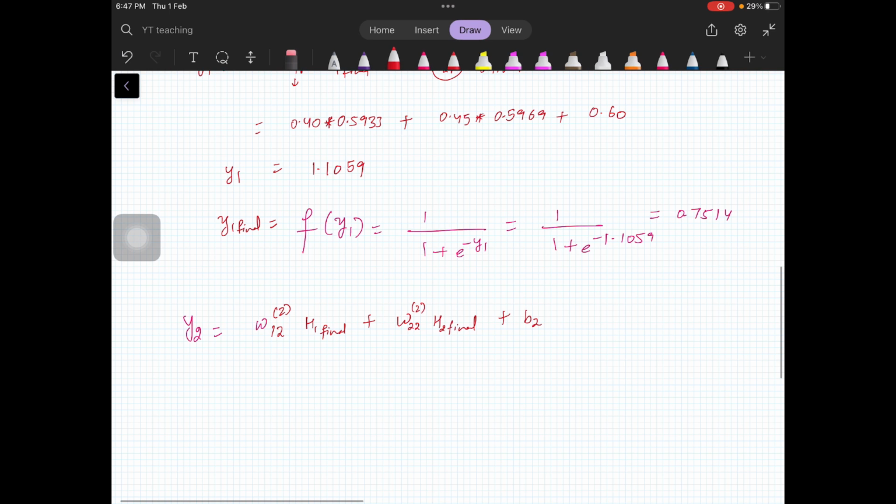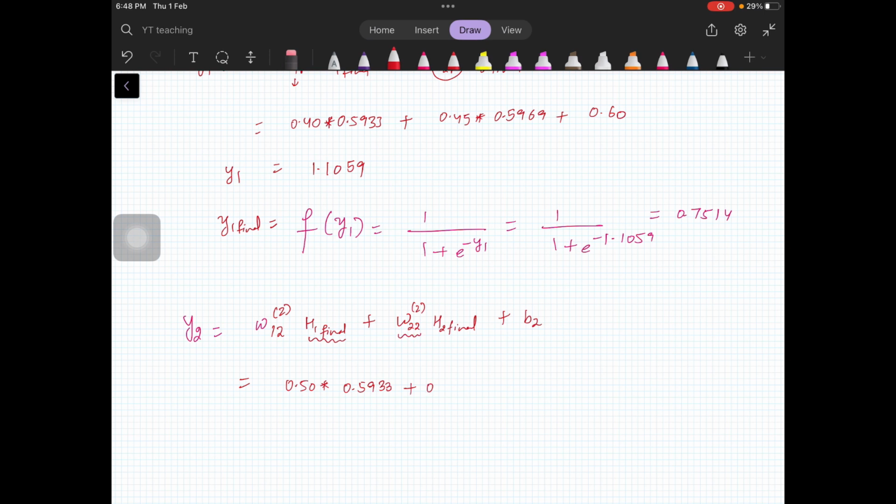If you put all of it, you will get, now you see what is your weight here for the first thing. Your weight is 0.50, and what is your h1 final? That was 0.5933.